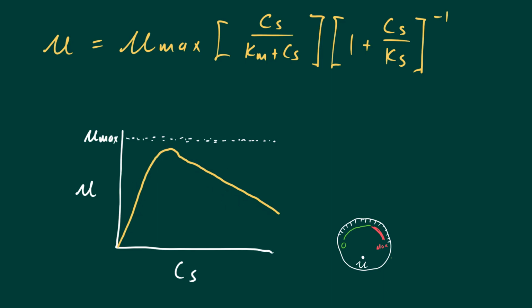You don't want to go too low. If your substrate concentration is too low, you're going to have a poor mu, and that's exactly what we have over here. But on the other hand, if your substrate concentration is too high, you feed a lot of substrate, it builds up in the fermenter, then you also end up with a mu that is too low. So we want our mu to be as high as possible. That will be over here, and therefore it is a tricky business in terms of knowing how we should add substrate to the system.